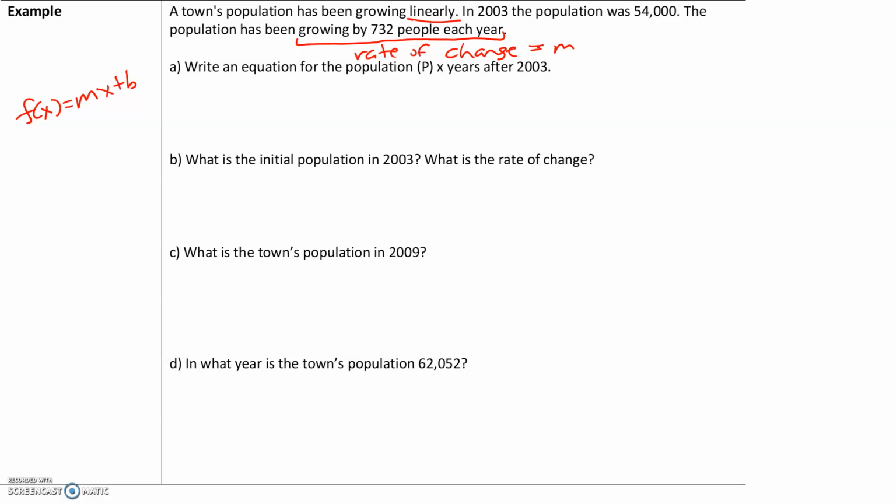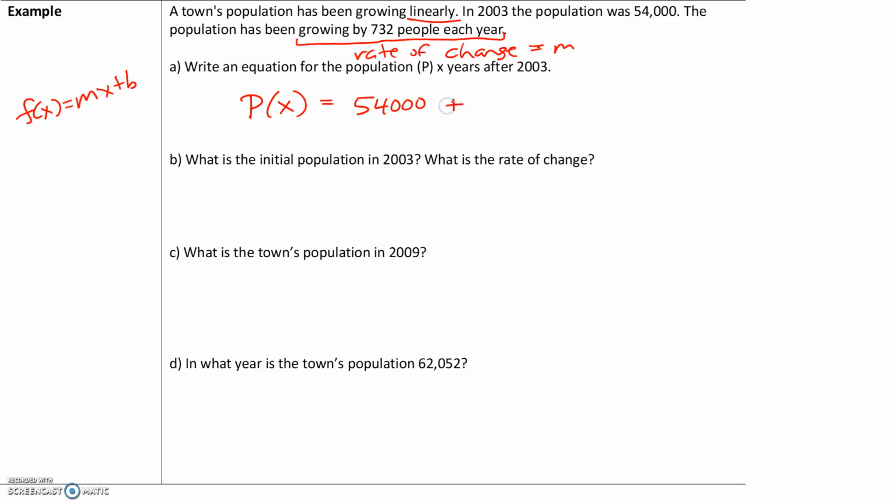So let's write an equation for the population P, x years after 2003. So P of x, which is the population, equals, in 2003, the population was 54,000. So that is going to be the initial population. Notice that this doesn't have a variable attached to it because that's just the initial population in 2003.